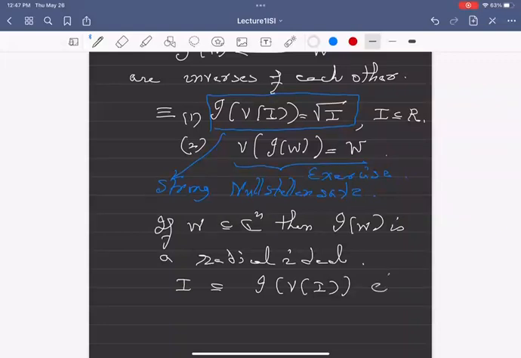This is clear. But this is a radical ideal, so it is its own radical. If I have an ideal I contained in J, then the radical of I is certainly contained in the radical of J, and therefore the radical of I is contained in the ideal of the variety of I.